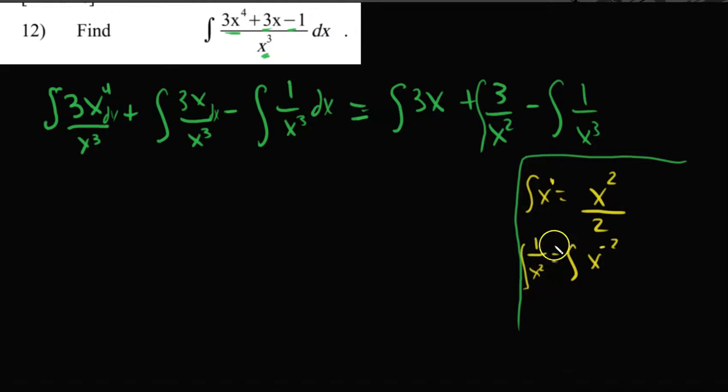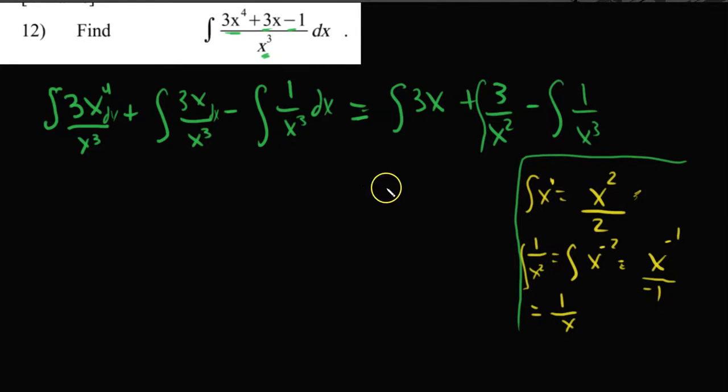You bring the x squared to the numerator, and you change the sign of the exponent. Now it's done in the same manner as the integral of x. You add a 1 to the exponent, so you'll have negative 1, and you divide by the new exponent, negative 1, which ends up equaling 1 over x.